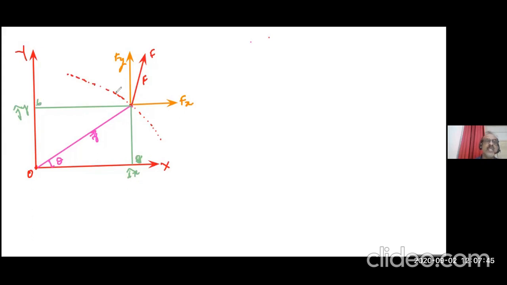Now this will tilt. You said this will shift to a new point. Suppose this one shifted to a new point, this point, okay? So initially this is P, now it is Q. Now what happened to this position vector? X shifted to a new point, say for example 6, and Y shifted to this point.